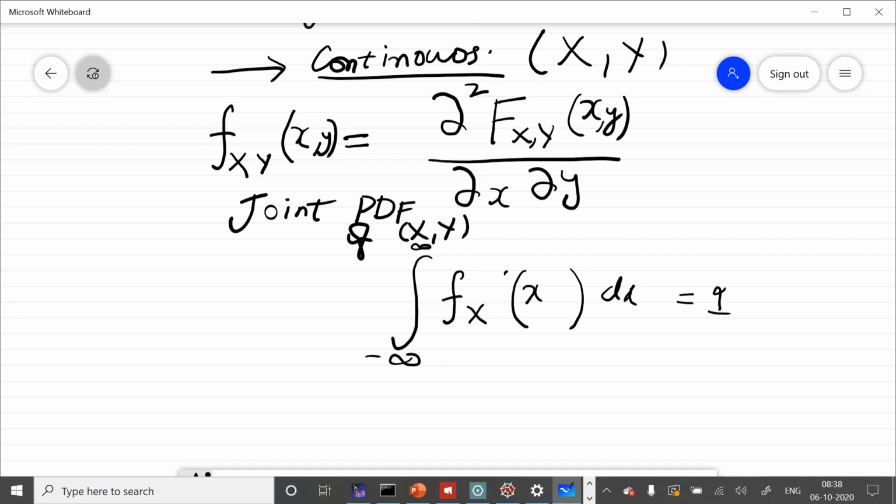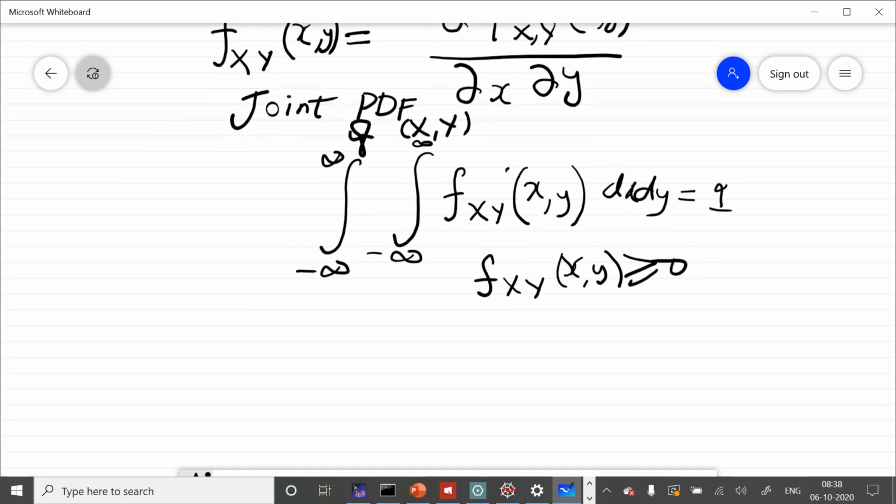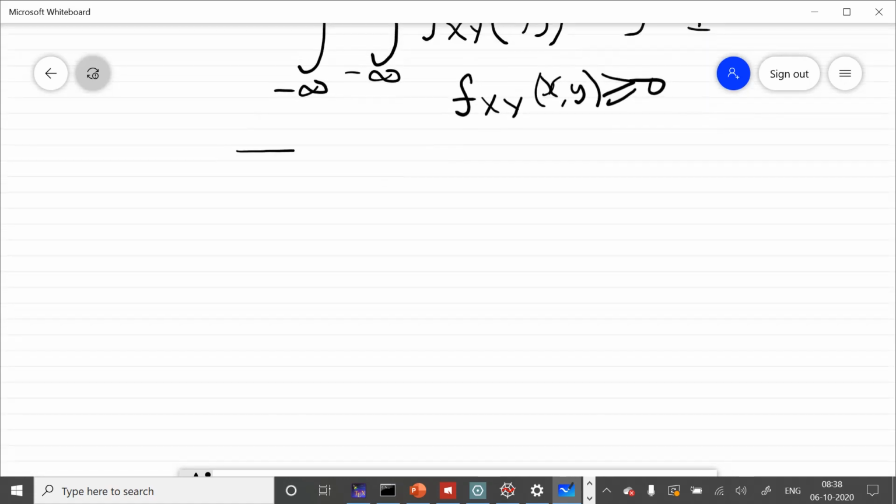Now here you have one more random variable, so you have to put a double integral, and that should be equal to 1. And the other property is obvious: probabilities can never be negative, so the PDF has to be non-negative. So this is about joint random variables.